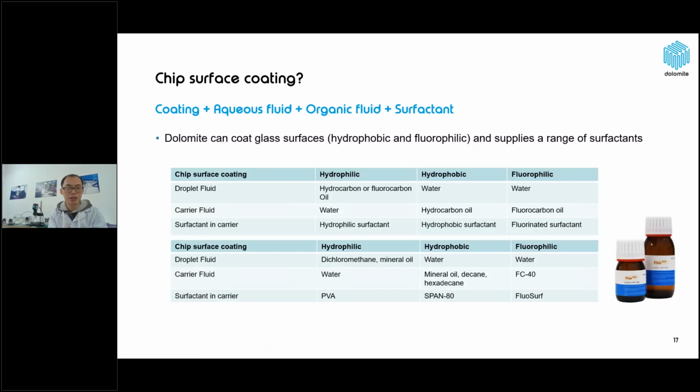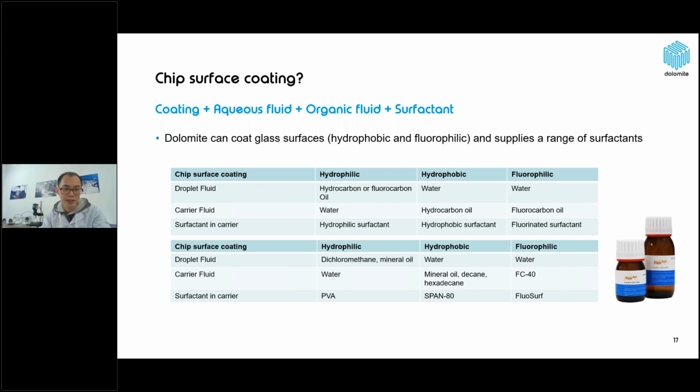Here we have a table showing the coating, the aqueous fluids and organic fluid with the surfactant. Dolomite can coat glass surfaces with hydrophilic, hydrophobic and fluorophilic function and supply a range of surfactants for each surface coating.